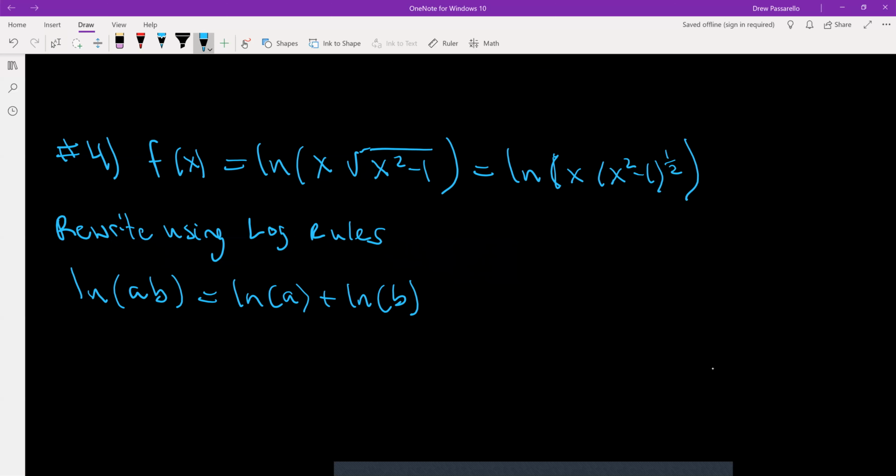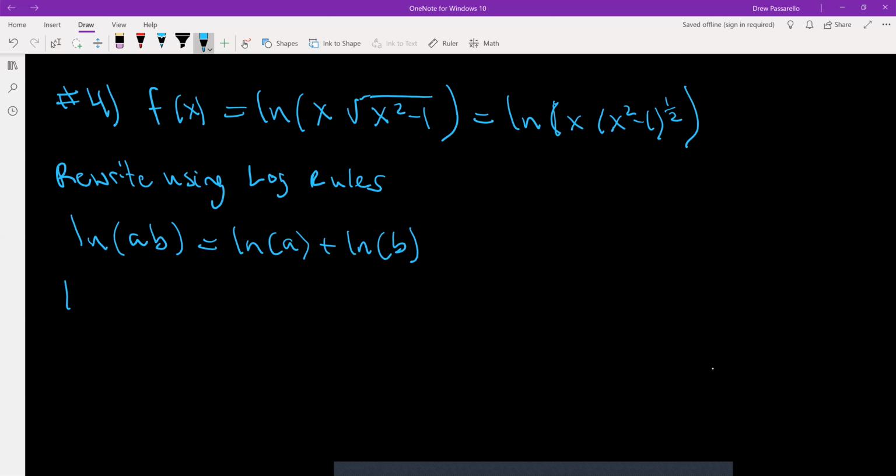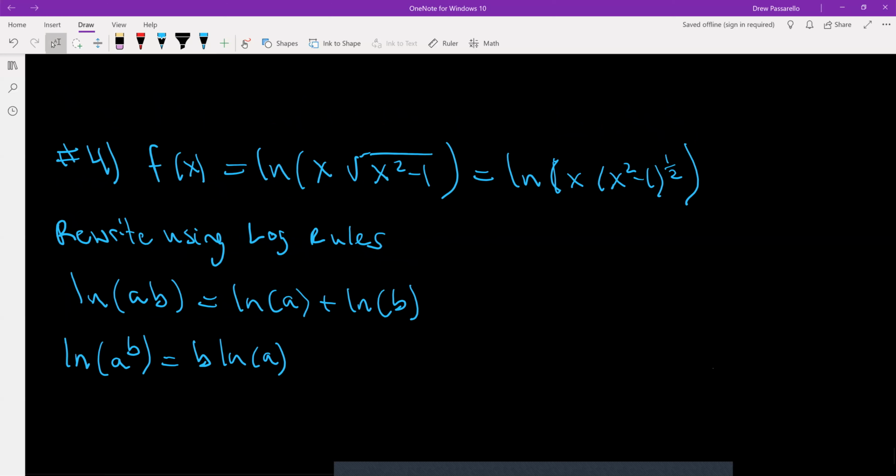So the point is I have an exponent of 1/2. So I'll use the rule that I used in the previous example. If I have natural log of a to the b, then that turns into b natural log of a. All right, so I can break this up first. Since it's a product, I can break it up as the natural log of x plus the natural log of x squared minus 1 to the 1/2.